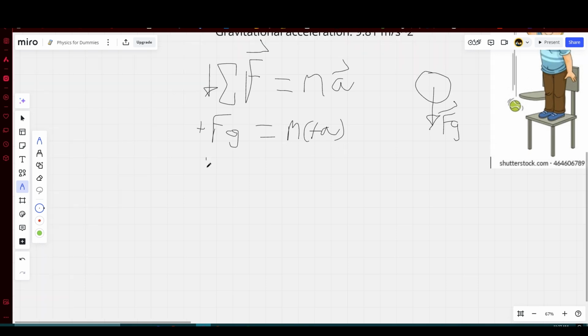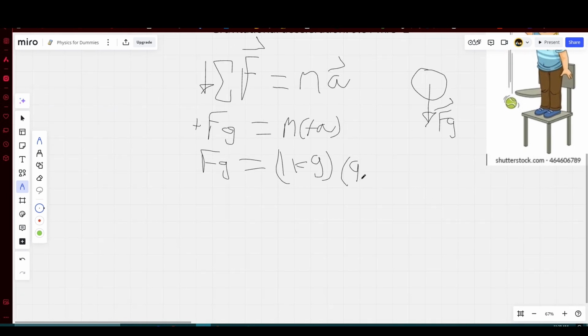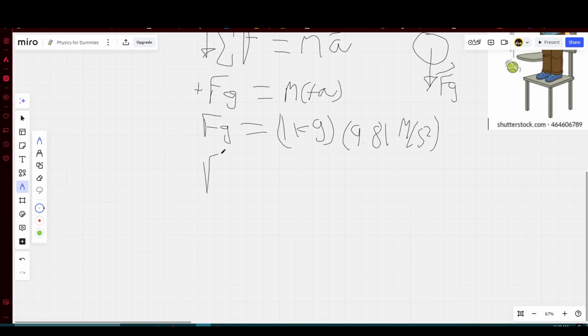So Fg is just going to be equal to 1 kilogram, which is the mass of the ball, multiplied by the acceleration, which is 9.81 meters per second squared. Now, if we calculate this, it's just going to give us 9.81 newtons. So the force of gravity is equal to 9.81 newtons downward.